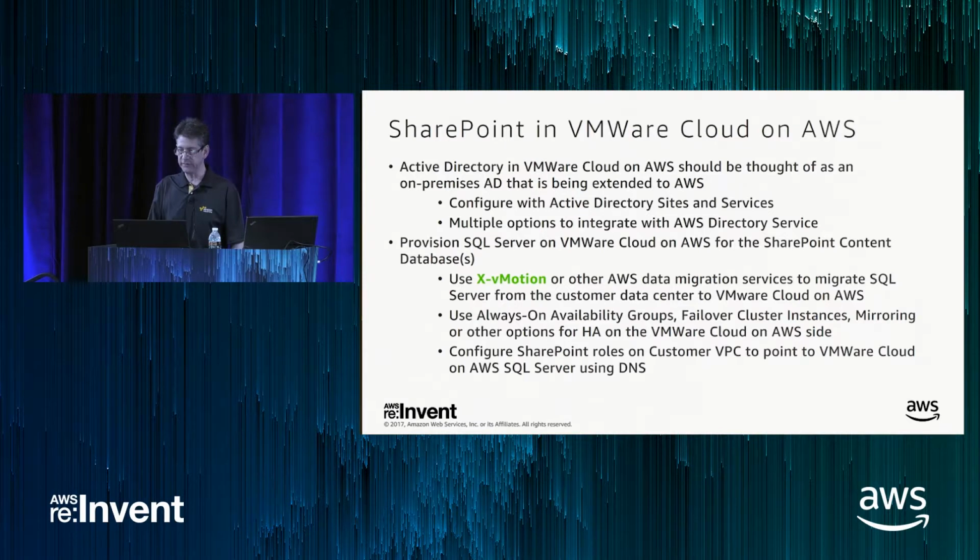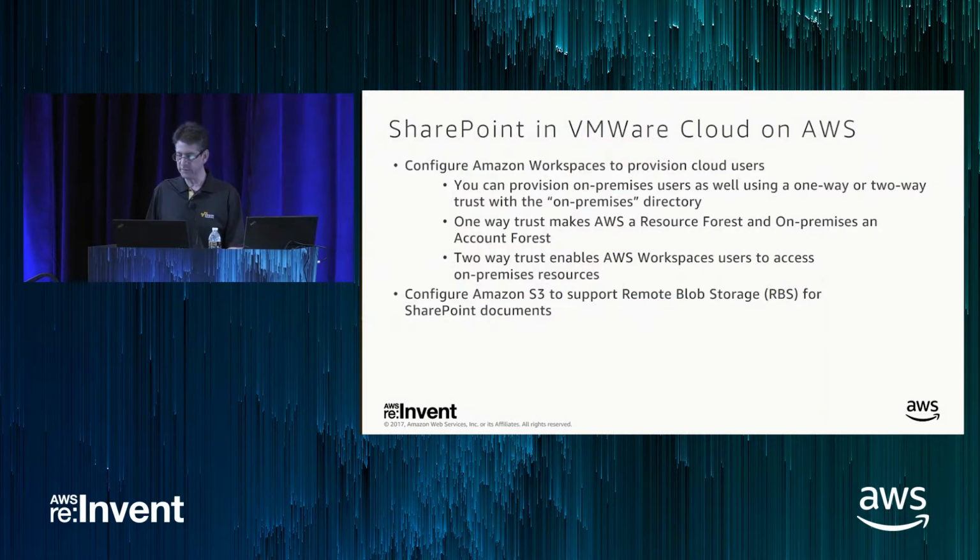And then there were a couple pieces that I said were new. One of the pieces that's new is using Amazon Workspaces to provision cloud users. If you provision Amazon Workspaces, you get these hosted desktops that use the Active Directory services from AWS Directory Service to connect with VMware Cloud, or even connect with on-premises if you have two-way trusts.